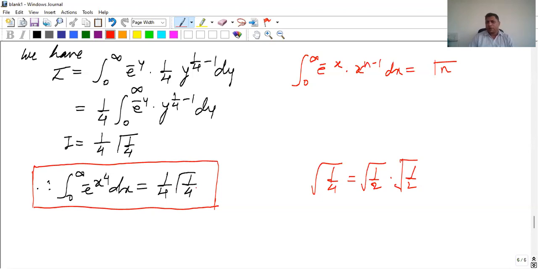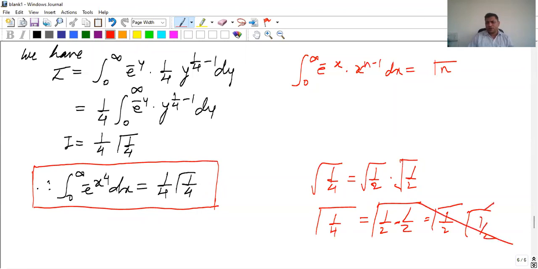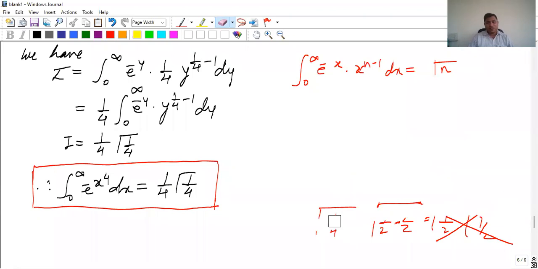But in gamma, you cannot write like that. Gamma of 1 by 4: if you write it as gamma of half and half, and then say it is gamma of half into gamma of half, that is not possible. Square root has different properties, and the gamma function has different properties. So if we know the value, and what value is known, gamma half is known.